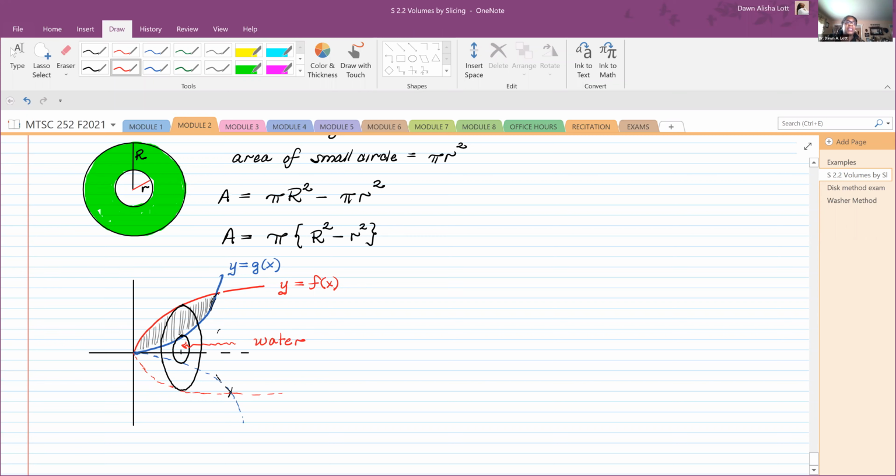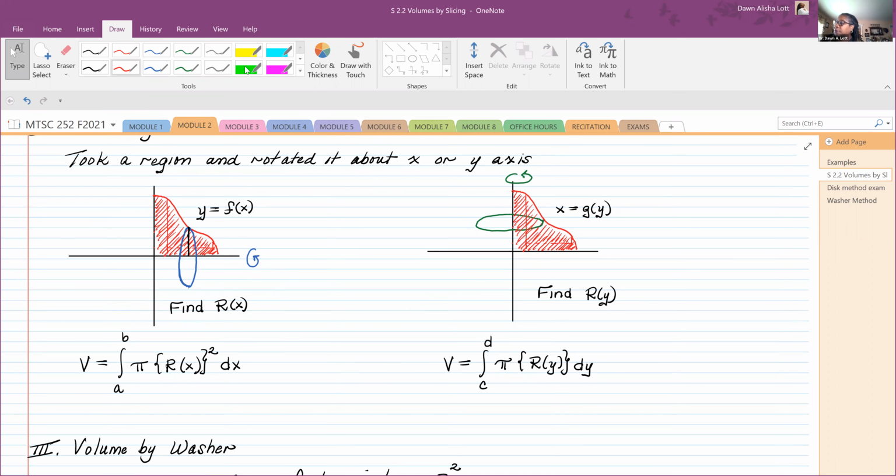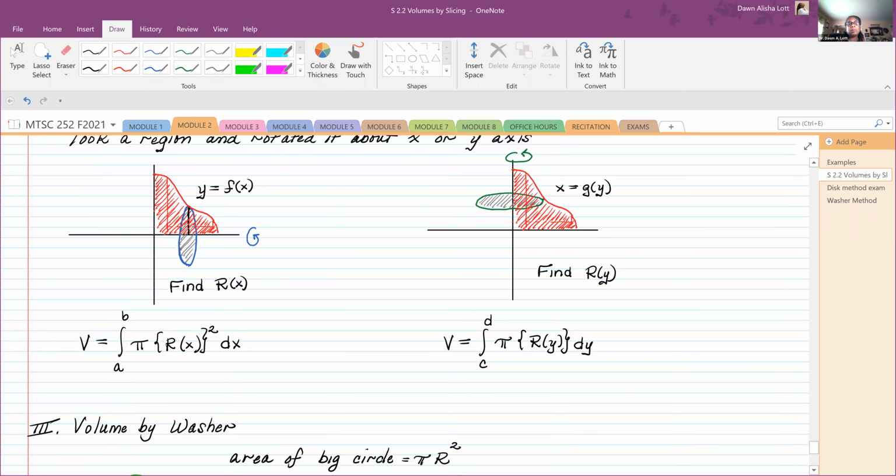So notice I didn't get a disc like up here. Up here, I got a full disc, and that was it. I just got the one disc. But now I have two functions, or maybe just one function.